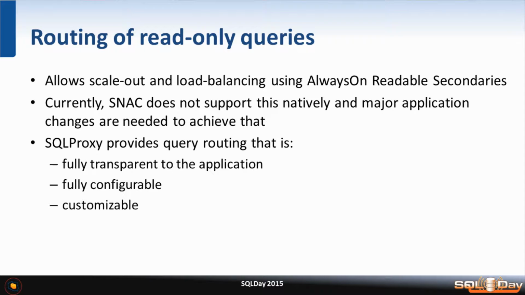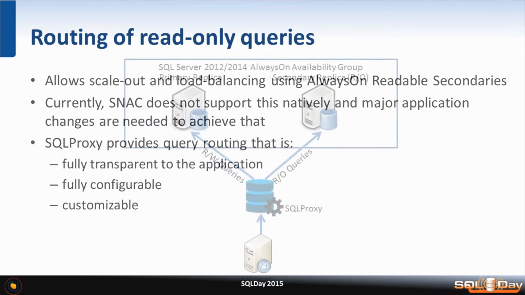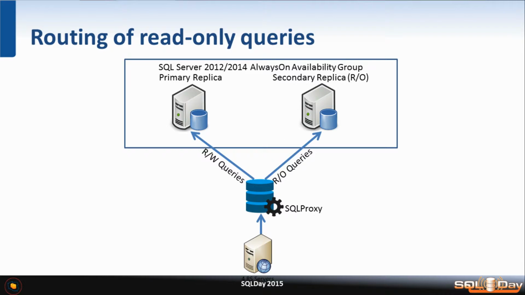So the way it works, right? You have your application server at the bottom, SQLProxy between the application server and your Always On availability group. So essentially 2 SQL Server instances running in a cluster. And you point the application at the SQLProxy. The application thinks, this is my database server that I'm going to be talking to.